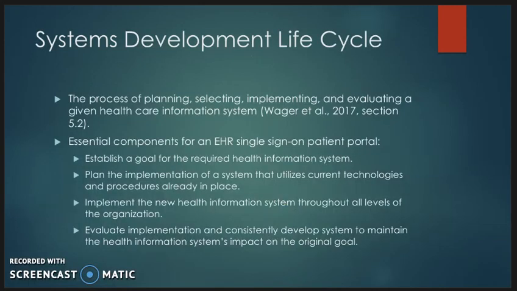After the risk analysis strategy is developed, the system's development life cycle will be evaluated, and this entire process involves planning, selecting, and implementing and evaluating a given healthcare information system.